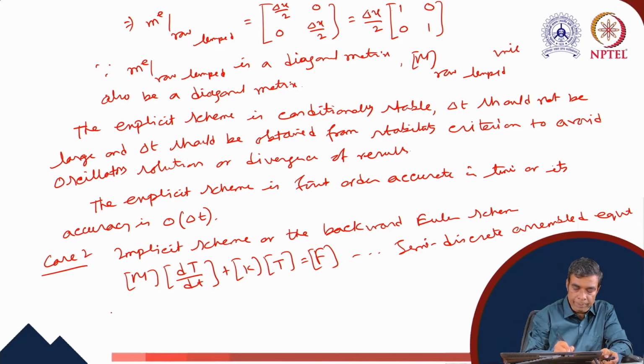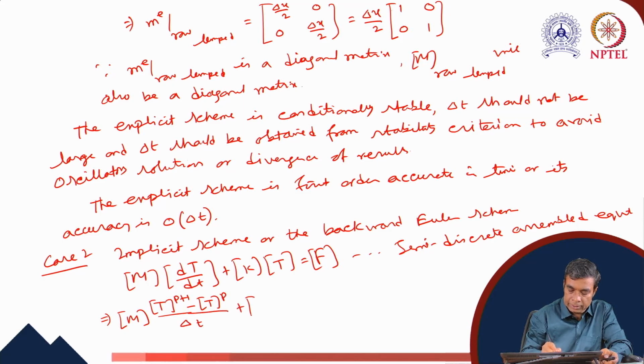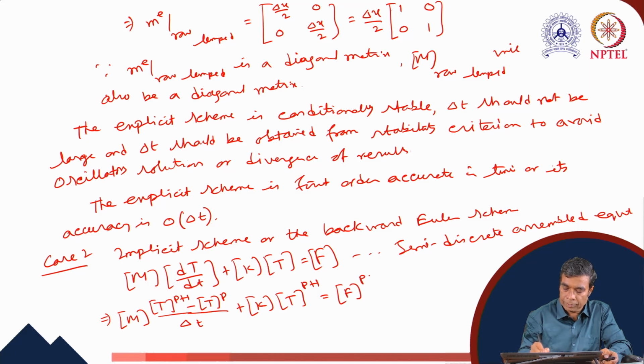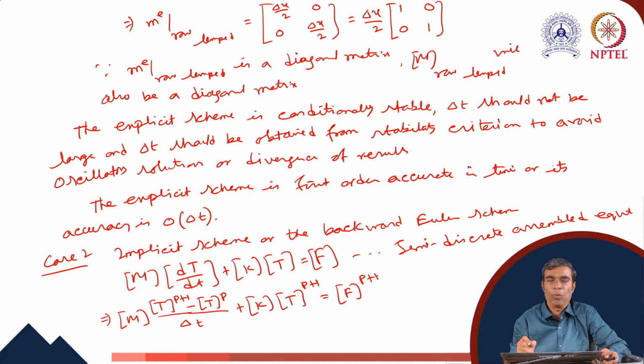Using implicit scheme, we can write it as M into temperature at P plus 1 minus temperature at pth level divided by delta T plus the stiffness matrix into temperature at p plus 1th level equals to load vector at the p plus 1th level.